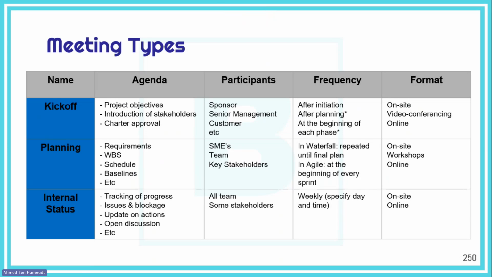So then everyone involved in the project knows what to expect, what kind of meetings, whether they're on site or online, face to face, video conferencing, phone conferencing, etc. This will help them have more clarity and visibility on the project, and in return, you can ensure their commitment. And also everyone will know in advance what is expected from them.